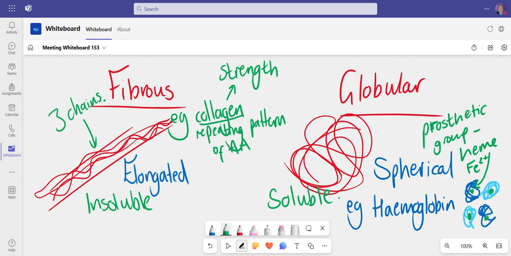In between those 3 helices, it has little hydrogen bonds. Remember how we talked about the hydrogen bonds holding the alpha helix? It's a similar thing. These hydrogen bonds are very, very weak on their own, but there are so many of them that they make the molecule really strong for its structural form.